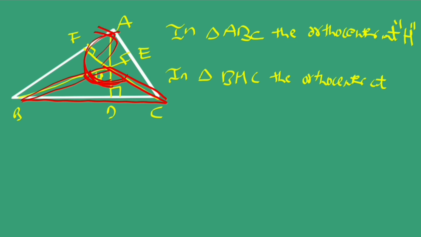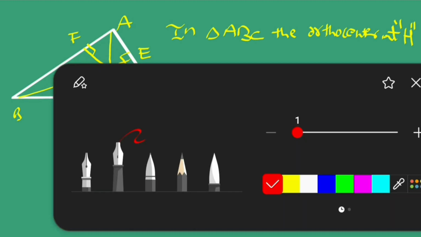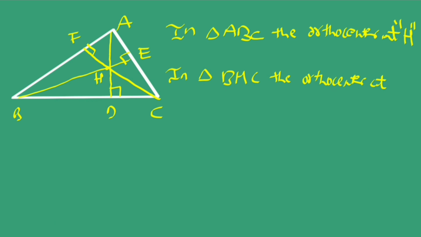In the previous slide I said, when an obtuse angle triangle is there, the orthocenter lies on the back side of the triangle. On the back side, vertex A is there, so this is the point where its orthocenter is present. So the orthocenter for triangle BHC is at A. Okay, remember this one.